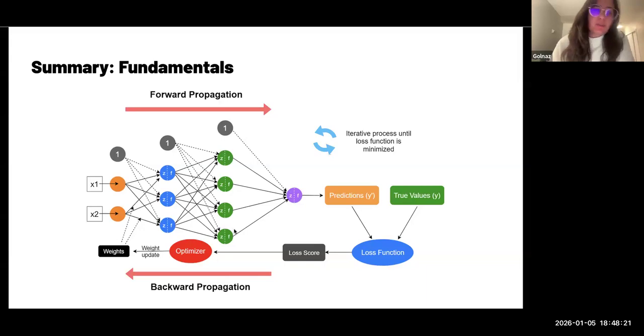But just as a summary, we talked about the fundamentals of how a neural network generally works. You have all those features that define your problem, and then you have the weights, which indicate how important those features are and how they're related, and their relationship together will make a prediction.